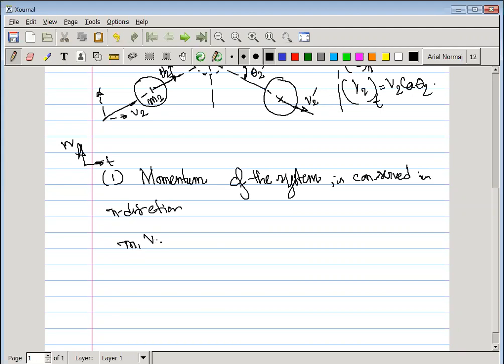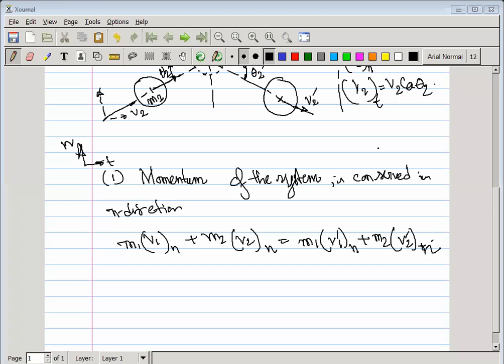So we can write m1 v1 along normal plus m2 v2 along normal is equal to m1 v1 dash along normal plus m2 v2 dash along normal. If your particle moves at a certain angle, then the conservation equation has to be written in the normal direction.